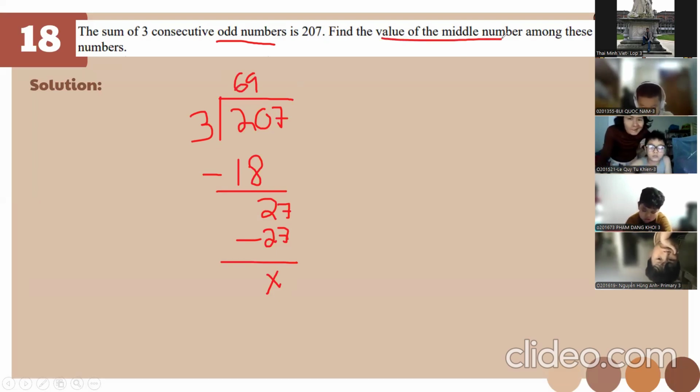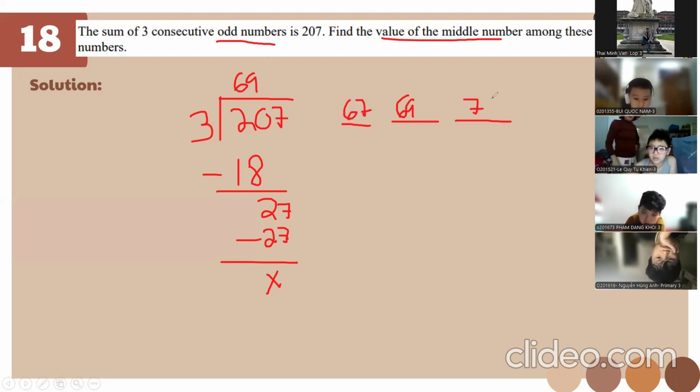Okay. So, 69 is the middle number. But if we are finding the first and the last, so if this is the middle, 207, remember this is odd, so this should be, sorry, 69 rather, and this should be 67, and this should be 71. The first, the middle, and the last.